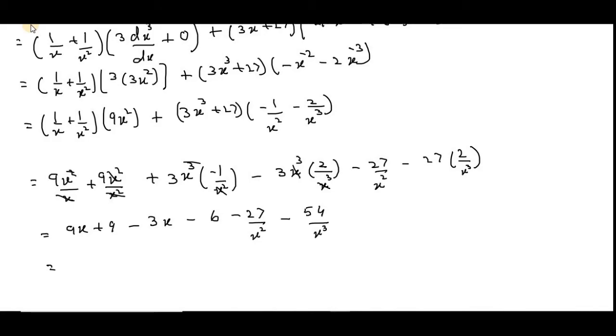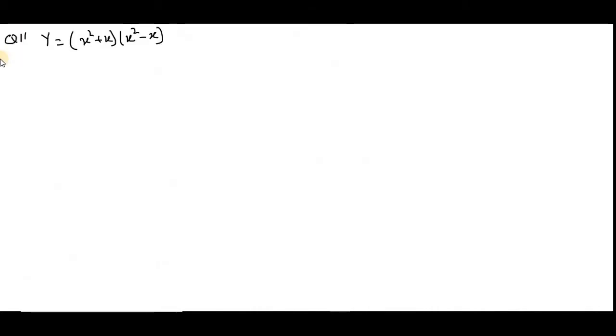Now simplifying further, 9x minus 3x is 6x plus 3 minus 27 over x square minus 54 over x cube, which is the derivative for the given function.